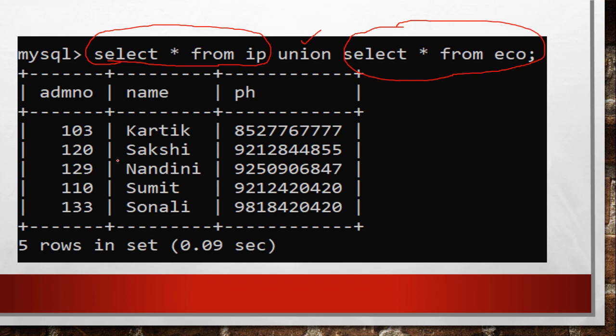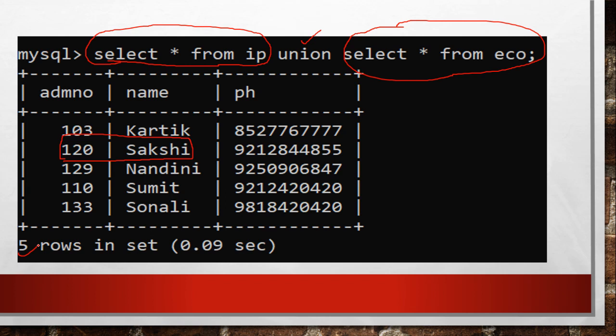Here you can see that Sakshi's record is shown only once. It is not counted twice, and over here it is written 5 rows in the set. It means only 5 records are shown. So you can understand what happens when you perform the union operation.